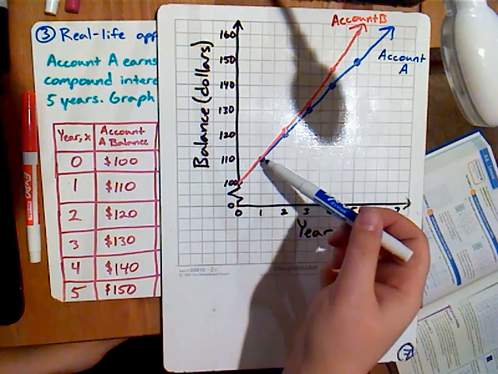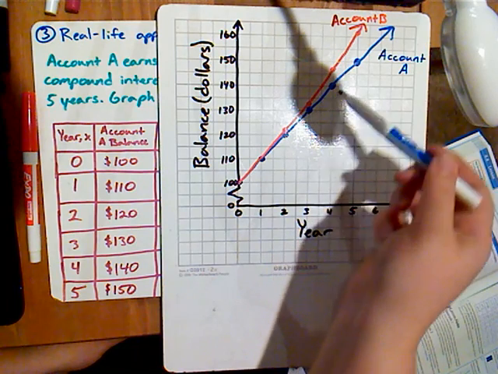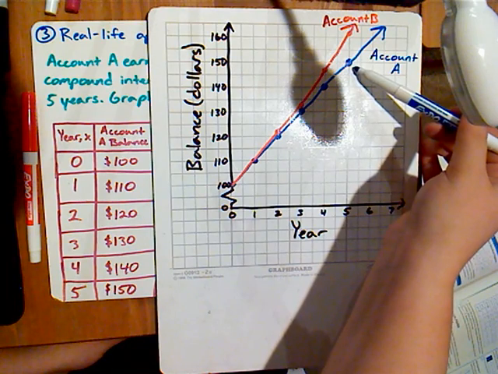At 1 year, 110, 2 years, 120, 3 years, 130, 4 years, 140, and 5 years, 150.